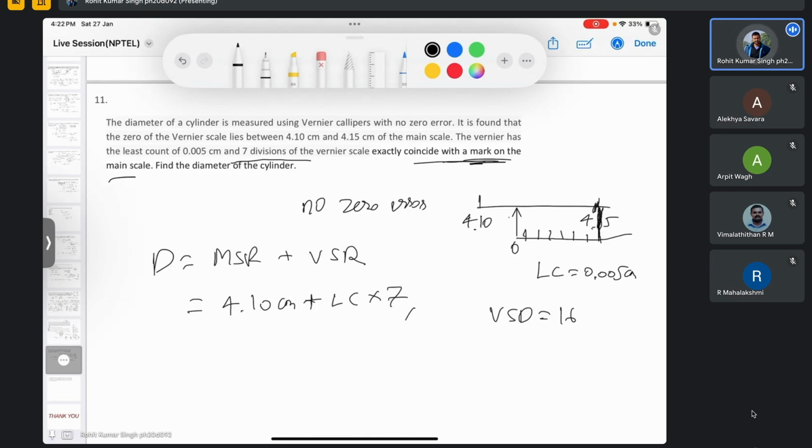But here, we have been given the least count and how many divisions coincide with some division on the main scale. Just one piece of information is missing.